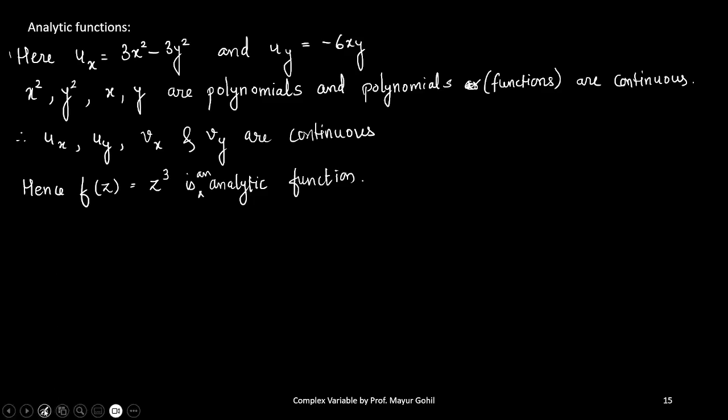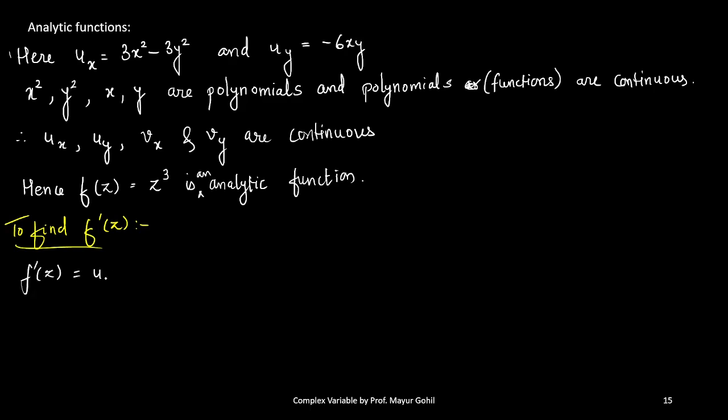Now in order to find the derivative, to find f dash of z, let us see how to go about that. The formula was f dash of z is u suffix x plus i v suffix x. This formula can be used.